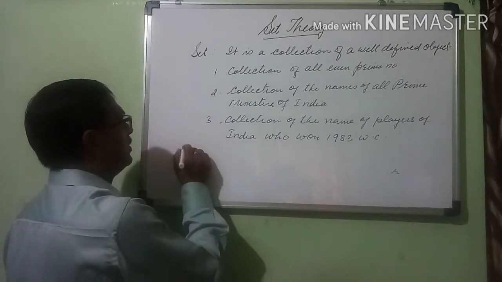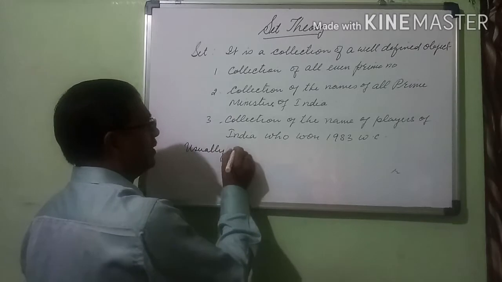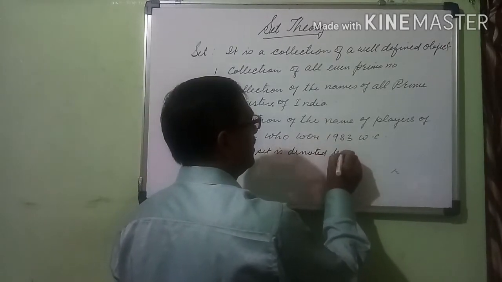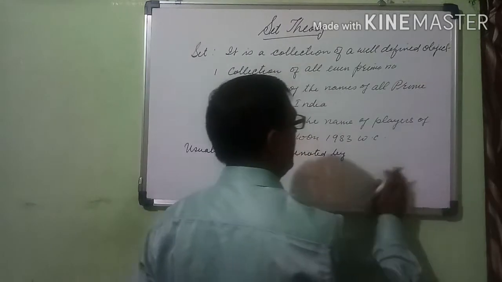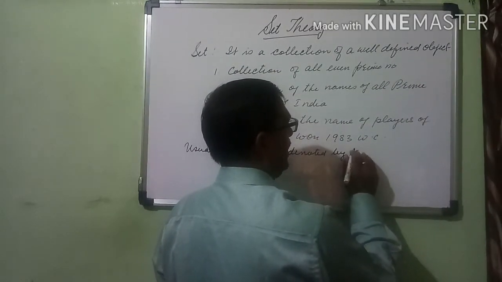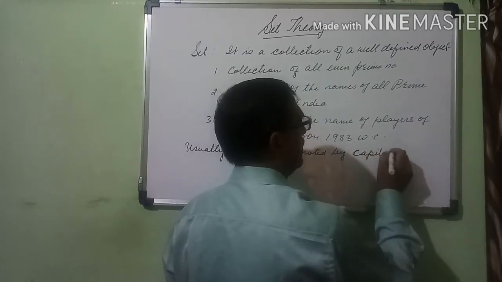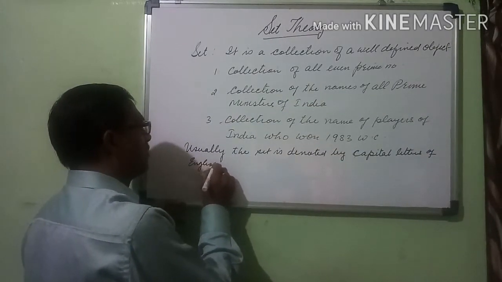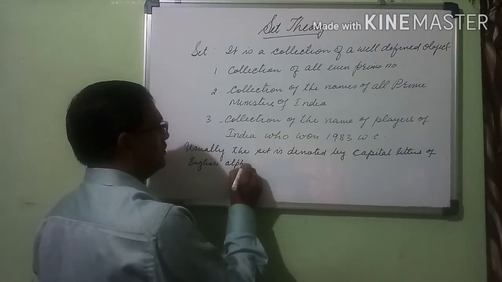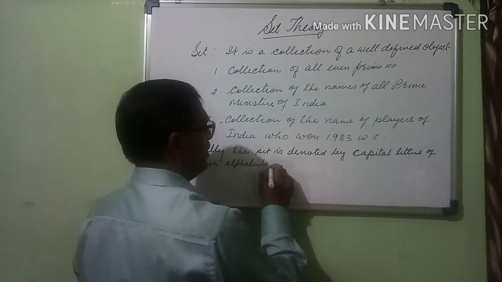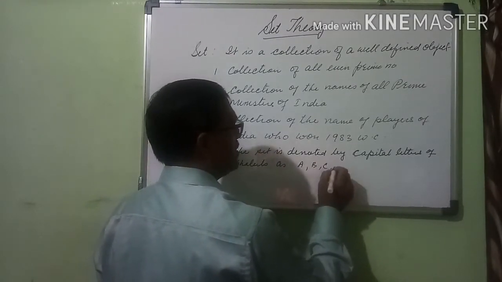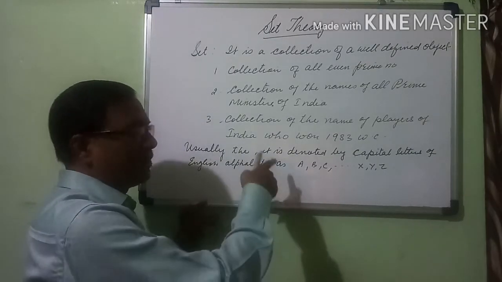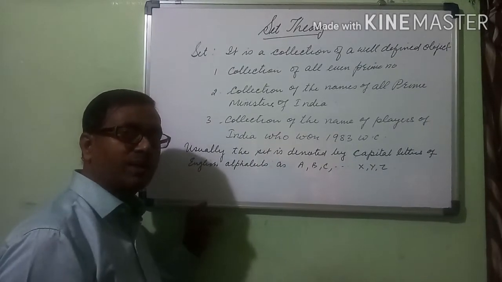Normally, this set is denoted by capital letters of English alphabets, as A, B, C, X, Y, Z. And theoretically, the elements of this set are denoted by small letters, but practically it is not possible.